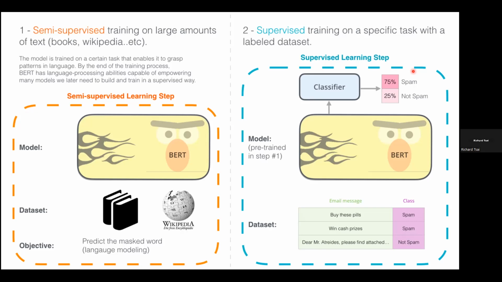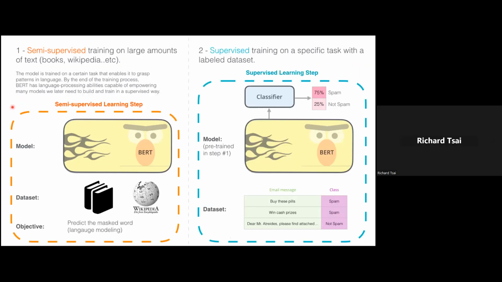So let's take a recap. We first undergo the semi-supervised learning step. We use a bunch of text corpus and use the two pre-training tasks to pre-train the BERT model.